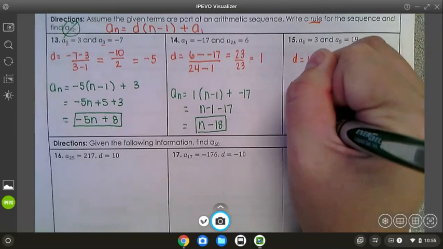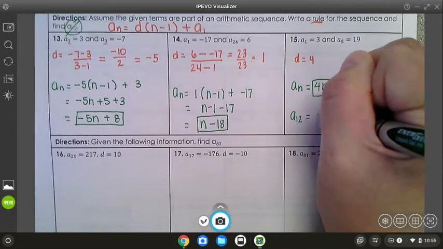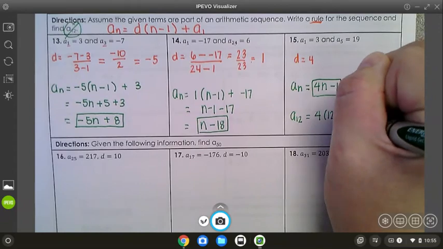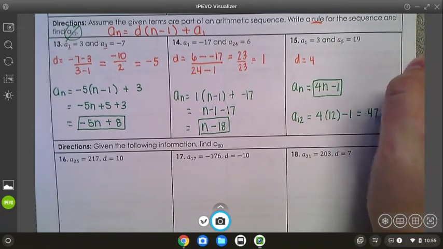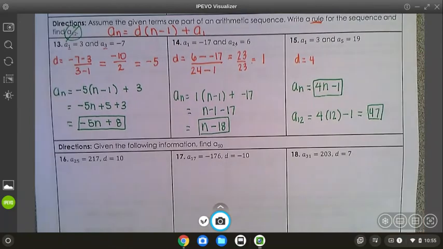And let's just find a_12 for the fun of it. 4 times 12 minus 1 is 47.